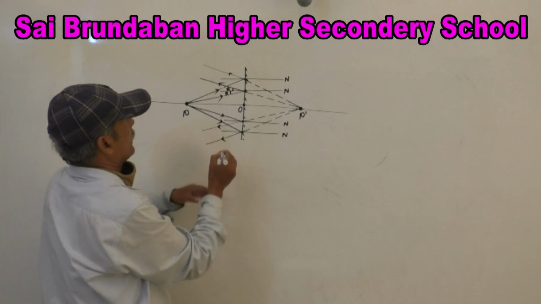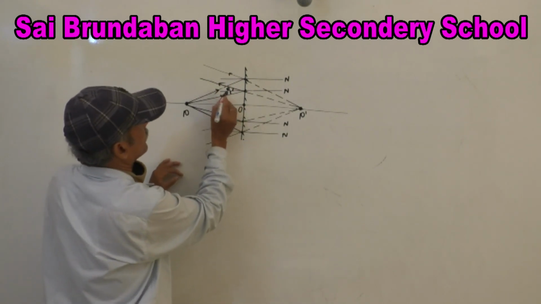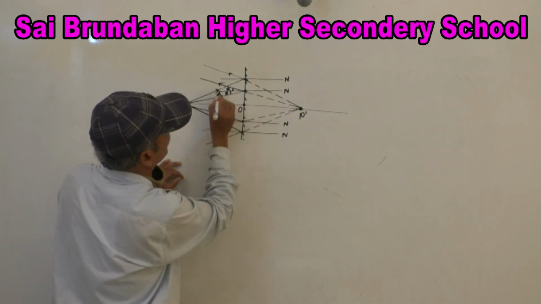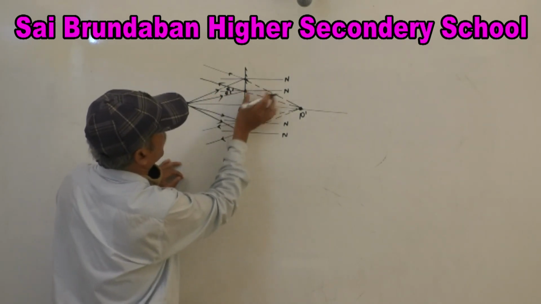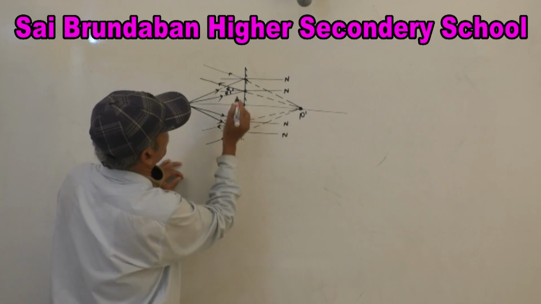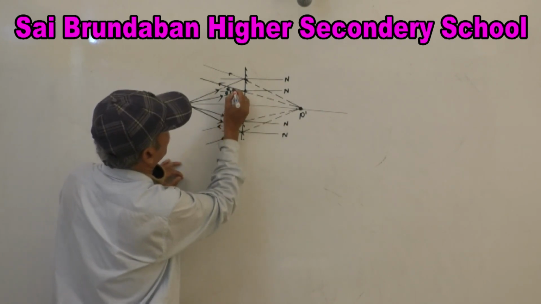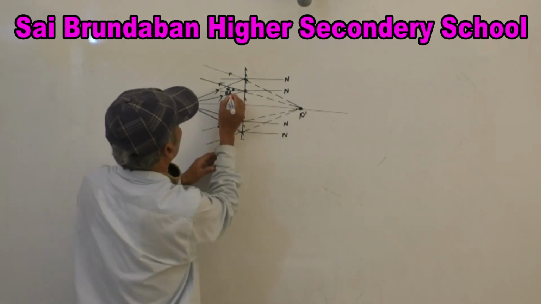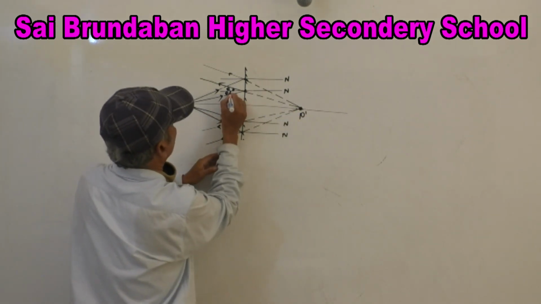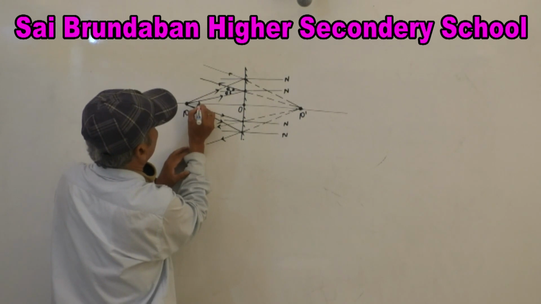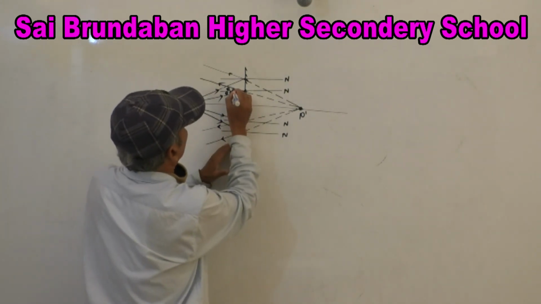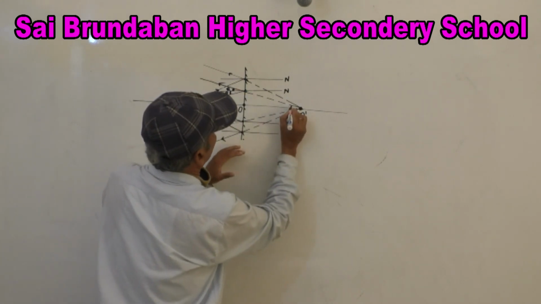So now what happened? This is the normal, this is parallel to this. So this angle is equal to this angle, and this angle is equal to this angle.